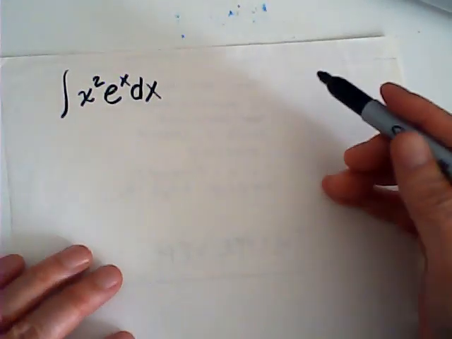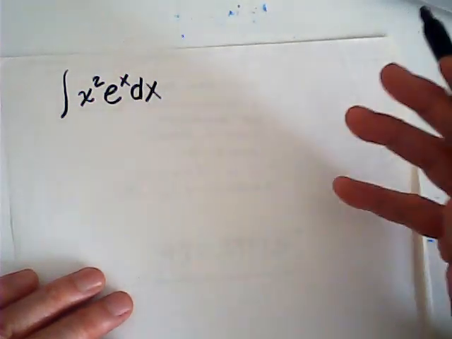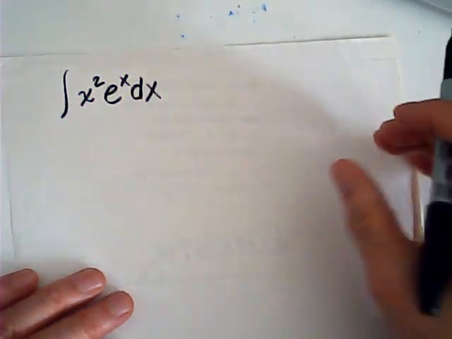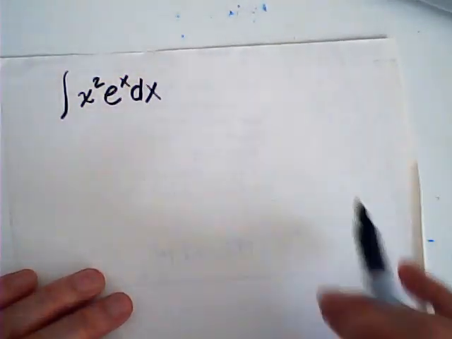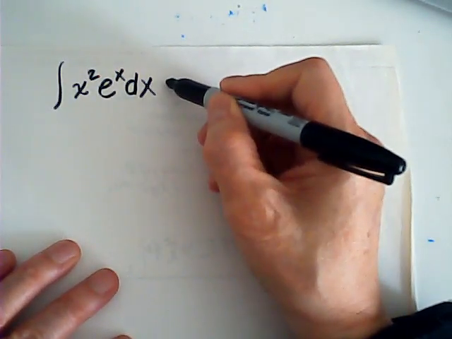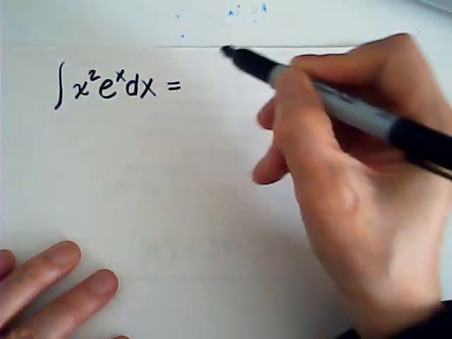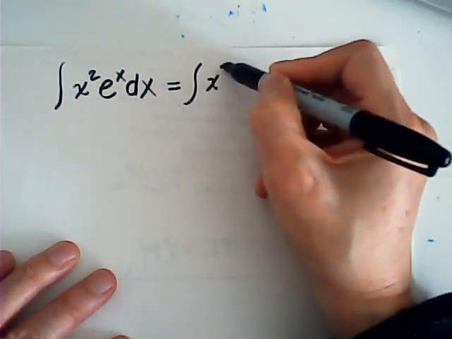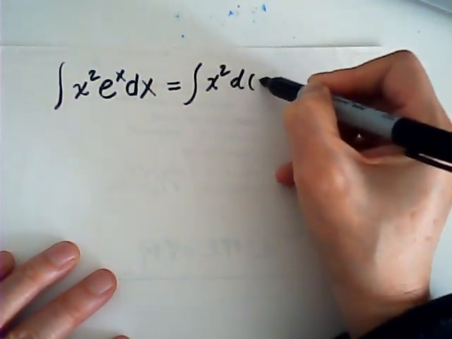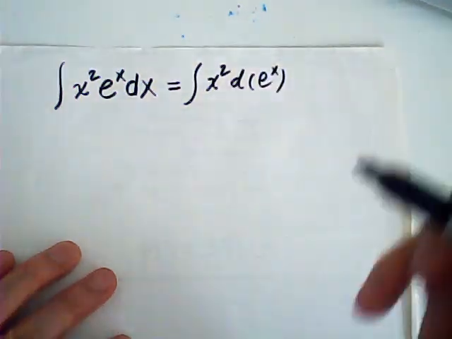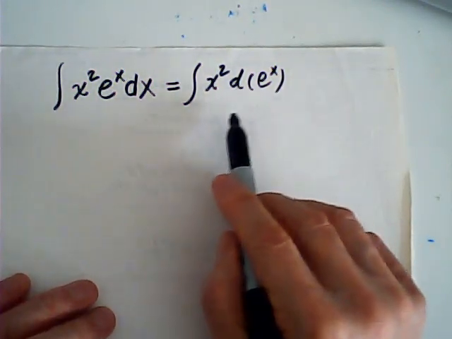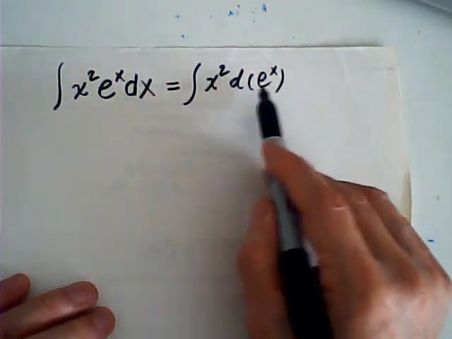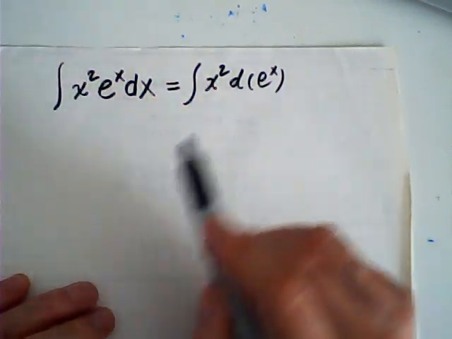Do not show what is a v, what is a u, and do not have a side explanation, side works. So I'm writing this way. I write x squared d e to the power x. Okay, if I write this way, obviously this is a u, this is a v.